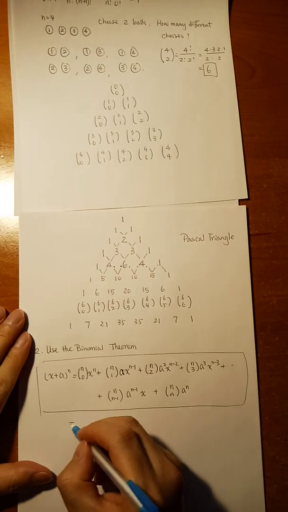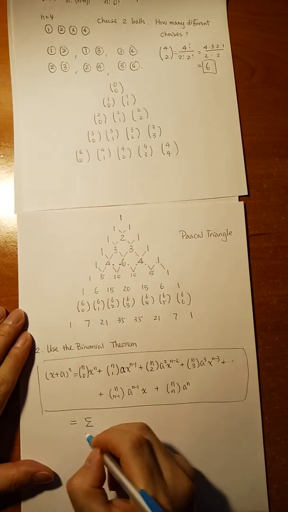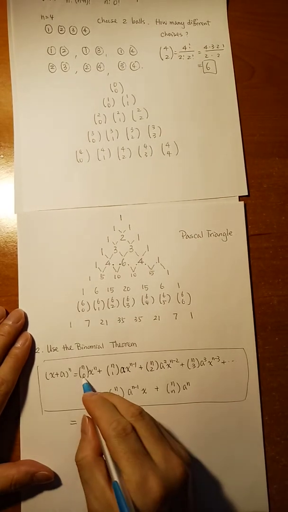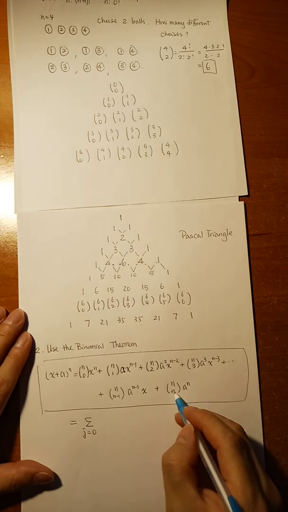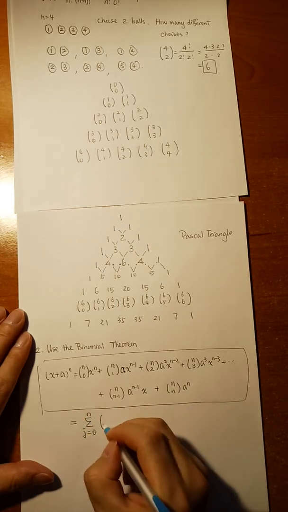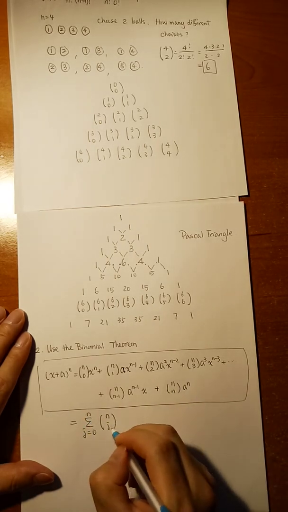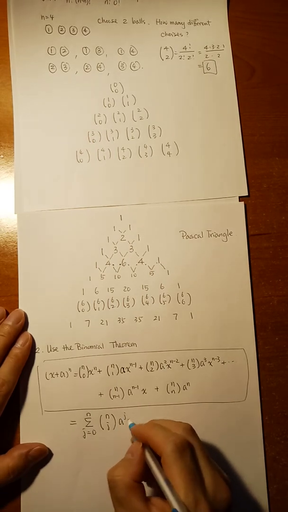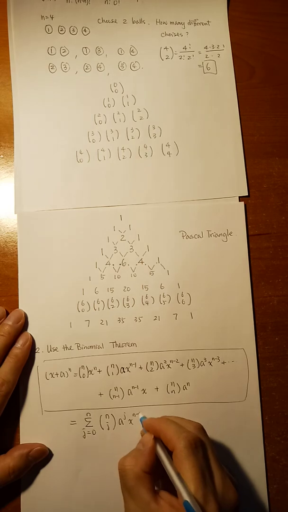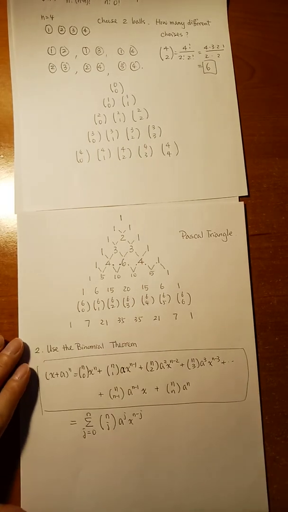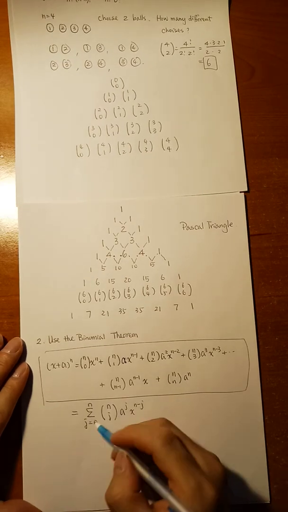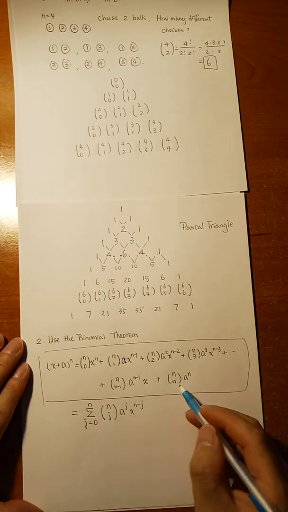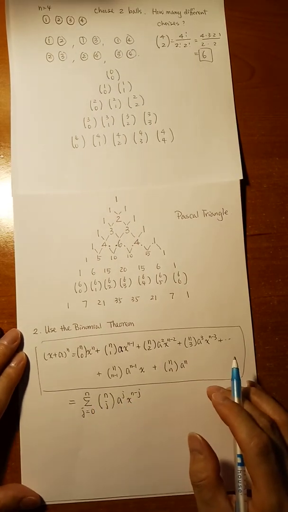And write it in the sigma notation. The sigma is this way. j is from 0 to n. You always have n choose j, a has power j, x has power n minus j. You let j be 0, 1, 2, 3, up to n. It's a finite sum.